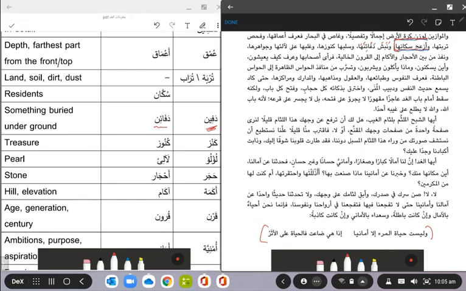Dafa'inaha, and the ha is just referring back to it, like kitabuha, her book. Dafa'inaha, it's buried objects. Wa nabasha dafa'inaha.